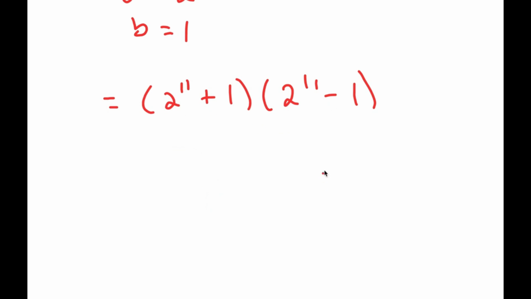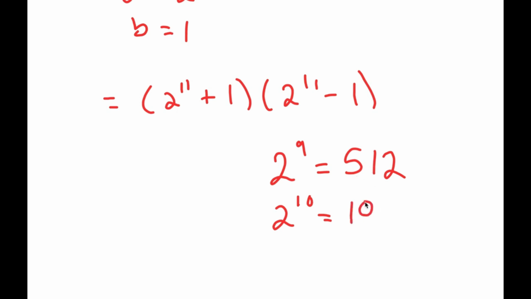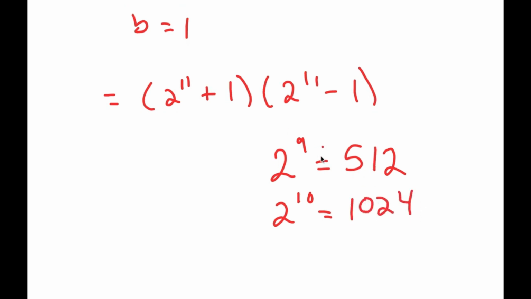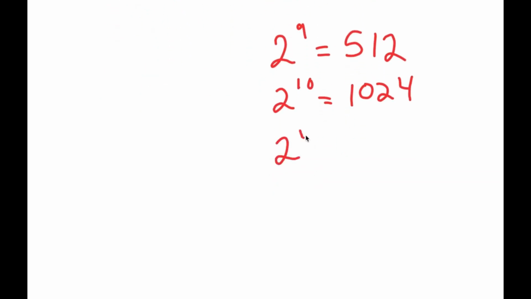Now what is 2 to the power of 11? Well, 2 to the power of 9 is 512. 2 to the power of 10 is going to be double of 2 to the power of 9, which is double of 512, which is 1024. So 2 to the power of 11 is double of 1024, which is 2048.